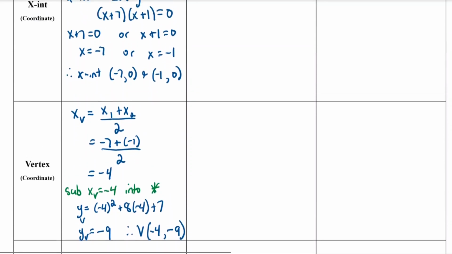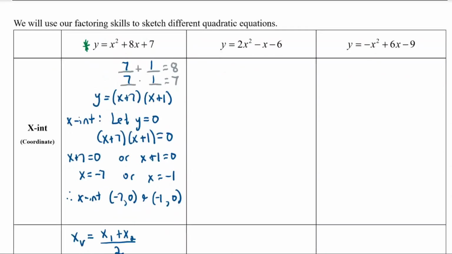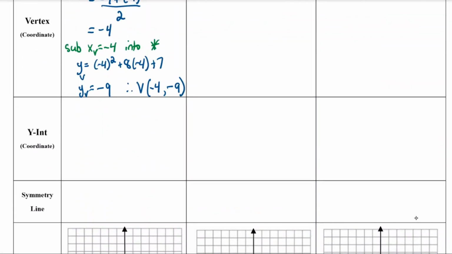Now, it's actually quite convenient to have standard form here. So let me just write that down. Given we have y equals x squared plus 8x plus 7, we can see the y-intercept very easily because when we find the y-intercept, we let x equal 0. And look what happens when we let our x value equal 0.